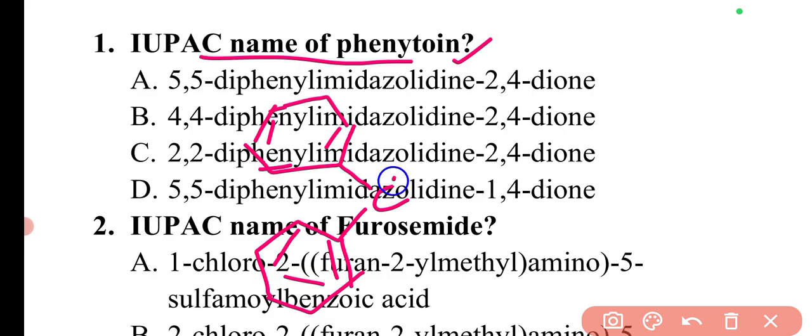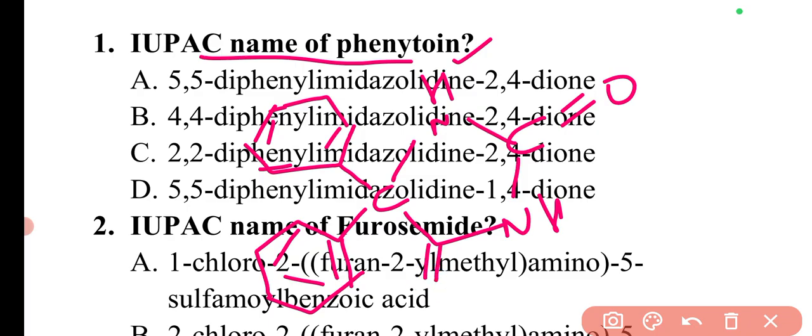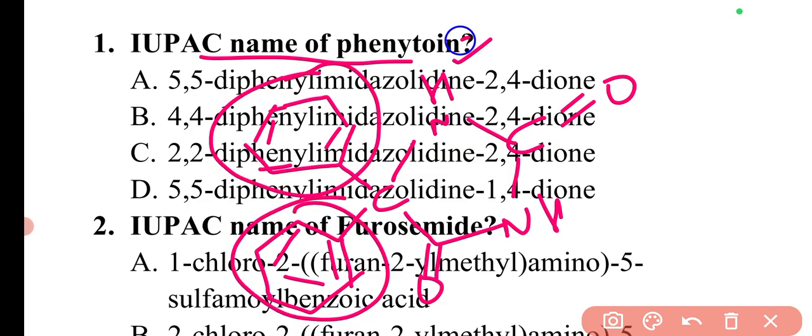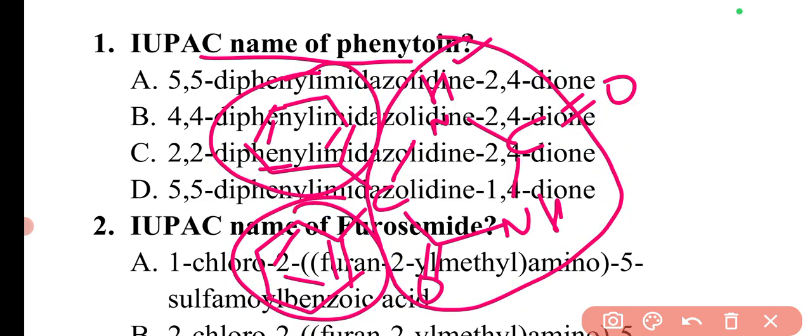Now this carbon will be attached to NH, and then again C double bond O, then again NH, and this will form a ring with the carbon CO bond. This is the basic nucleus, and these are the two benzene rings, and this particular ring is the imidazolidine ring.